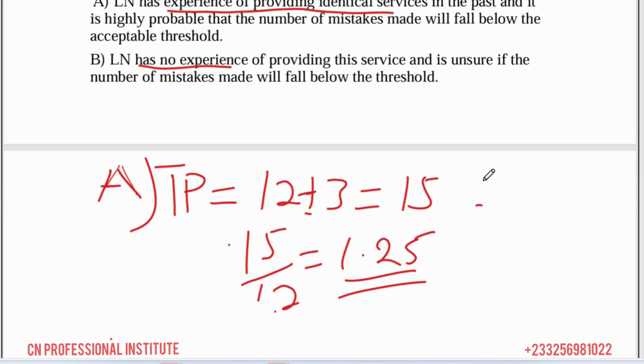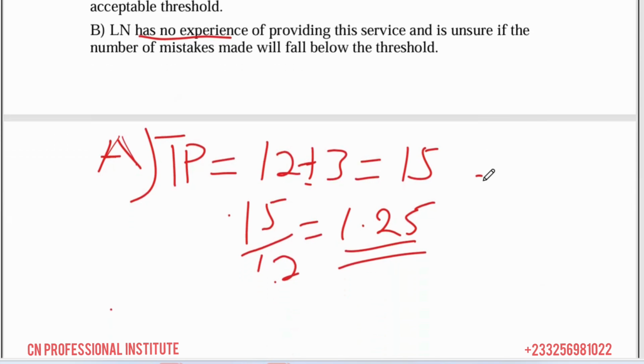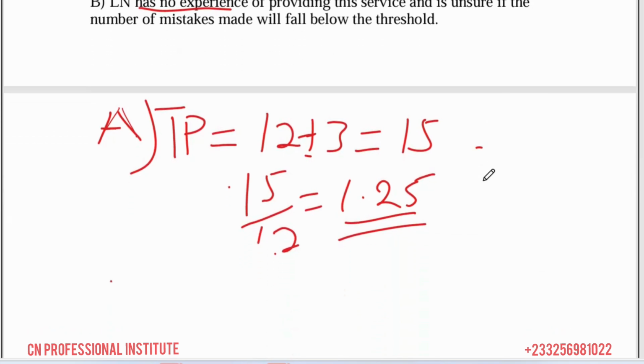They have experience, so it's highly probable that they will not reverse the revenue recognized. So we include the variable consideration as part of the consideration. And we divide by 12 because this is a service and the performance obligation is over time, so we'll spread it over the 12-month period.